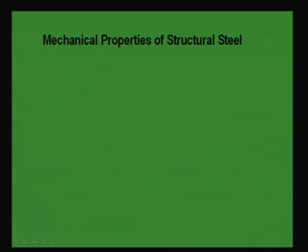Now, some standard mechanical properties I will just write down here which are required. Like we generally say yield stress. Yield stress in case of steel varies from 220 to 540 MPa. So, depending on the type of steel this will vary, right.